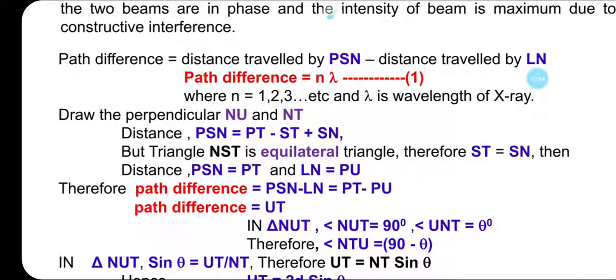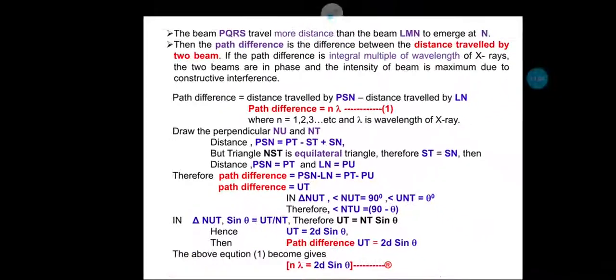So for the calculation of the path difference between these two X-ray beams, we use some mathematical construction: draw the perpendiculars NU and NT as shown in the figure.